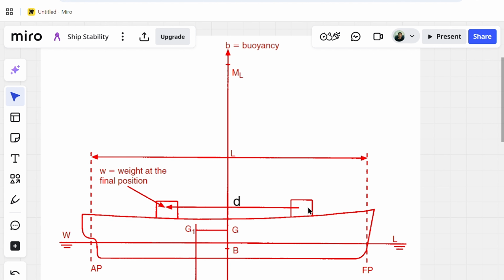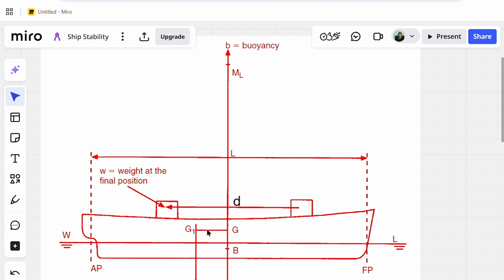Now vessel is on even keel. Let's say that there is a weight in the forward part and that weight is shifted aft by d meters. This will cause the center of gravity also to shift aft, parallel to the movement of the weight, from G to G1. So earlier, center of buoyancy and center of gravity both were vertically in line with each other, but now they are separated.